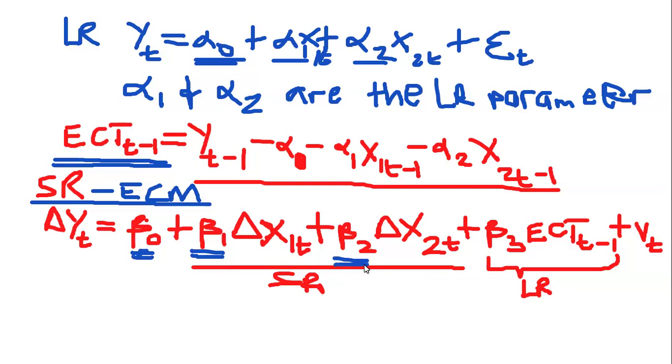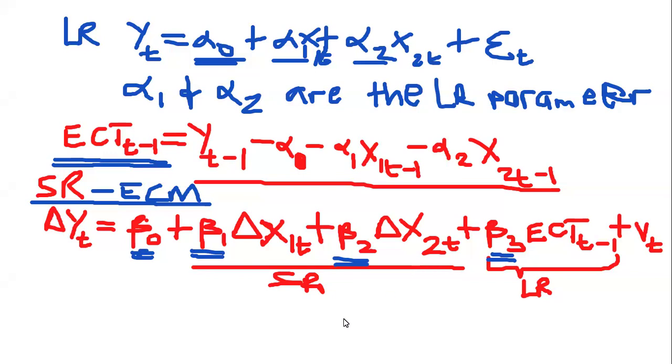And beta 3 is the coefficient of the error correction term, which we said is the one that gives us information about the speed of adjustment of our dependent variable yt towards its long-run equilibrium.